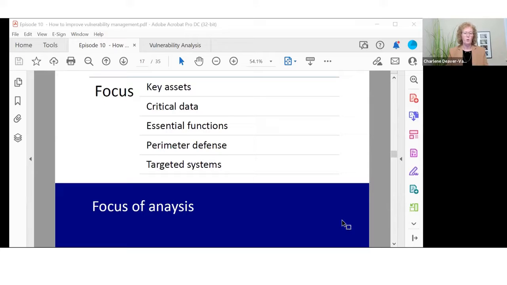If I have an exploitable vulnerability on an internal development box that's not connected to anything, I probably don't care about it, right? But if it's connected to an essential function system and has critical data on it, then my priority for that is going to change, right?